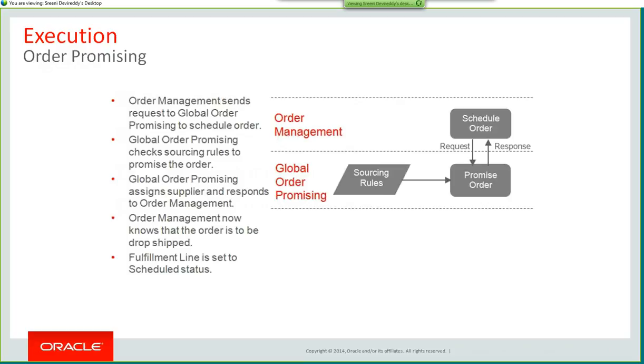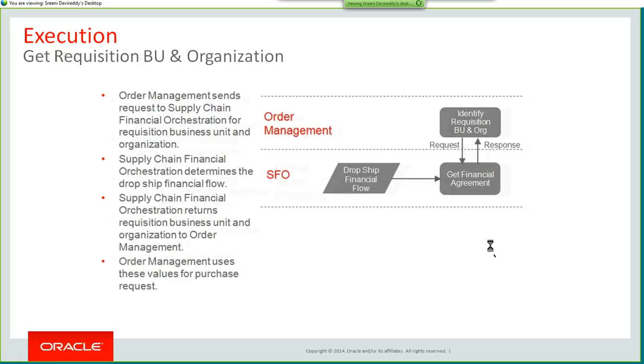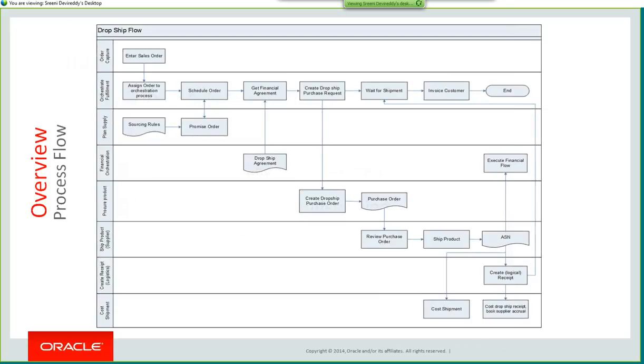So before I get to the actual demo, these are a couple of points that I have previously mentioned. What exactly happens when you submit an order? Sourcing rules are read, and this dropship is recommended by GOP. Okay, so let me go back and talk about this piece. I said you will create some kind of an agreement in supply chain financial orchestration.